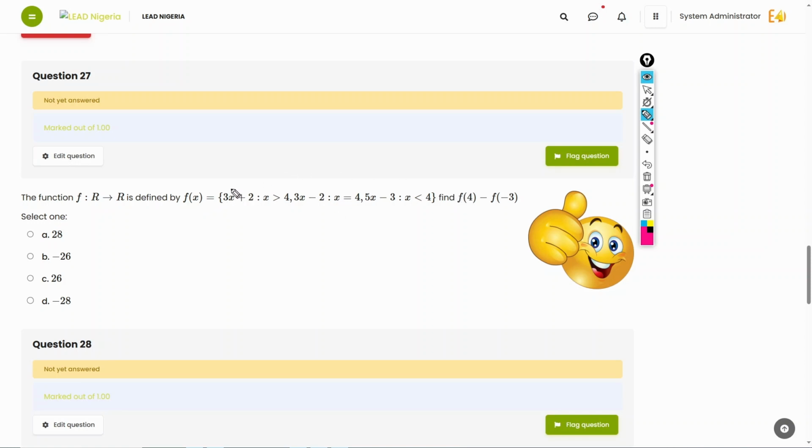It's saying that f of x has this value when x is equal to 4, and has this value when x is this.